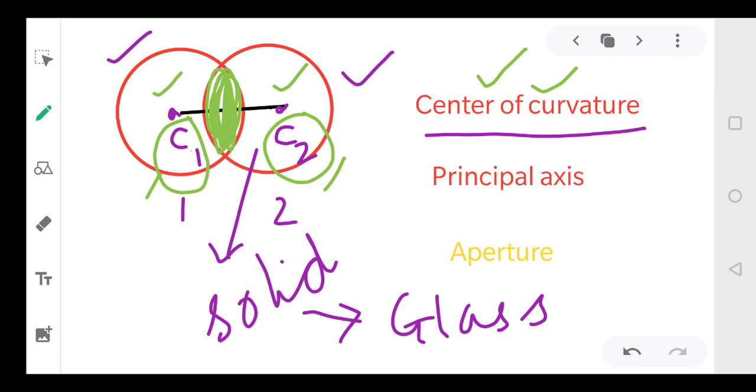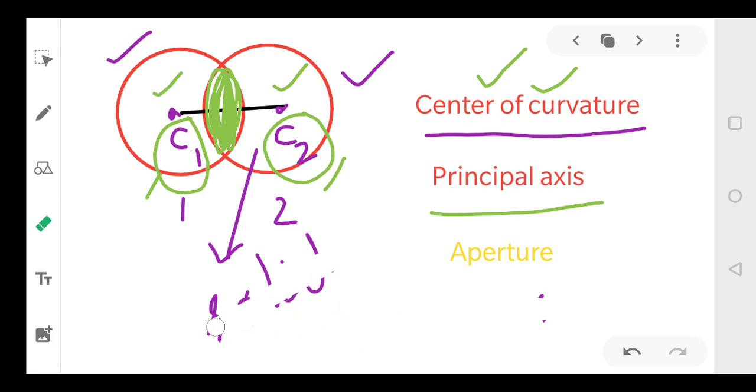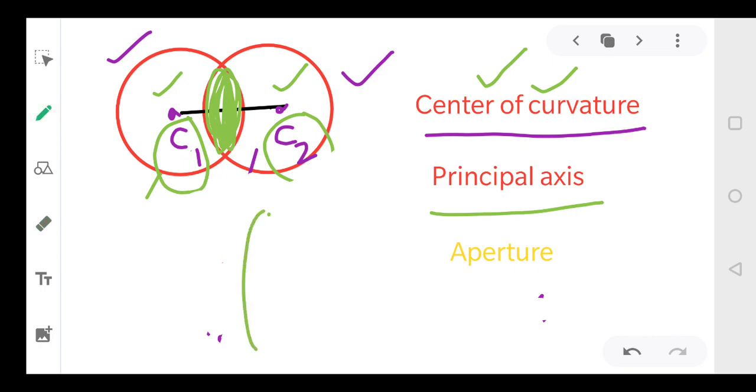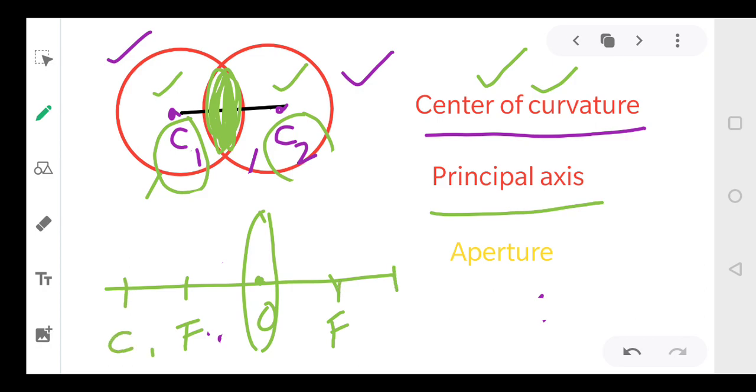Okay. Now coming to the principal axis. What is principal axis? Suppose this is your lens, so the imaginary line that passes through the optical center, the focus, and the center of curvature.